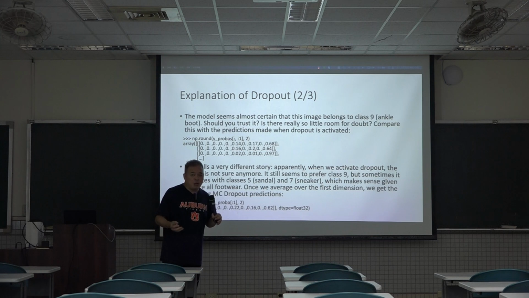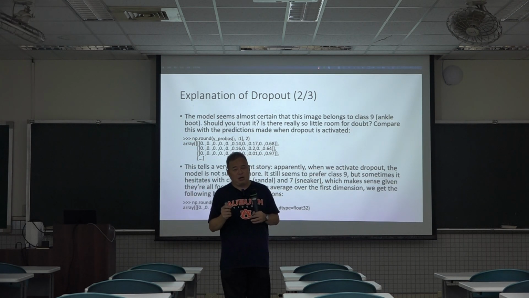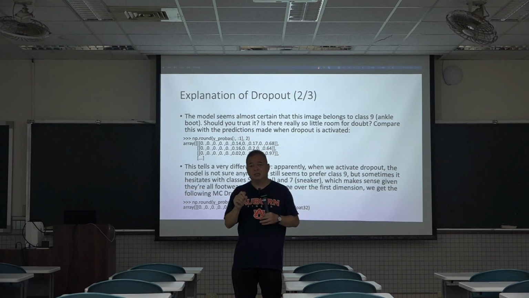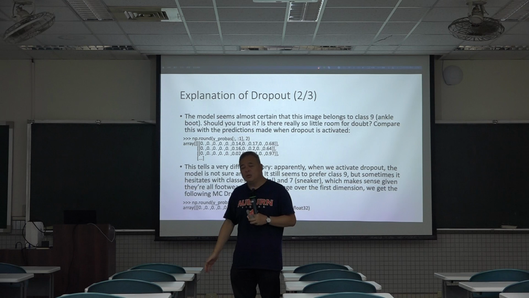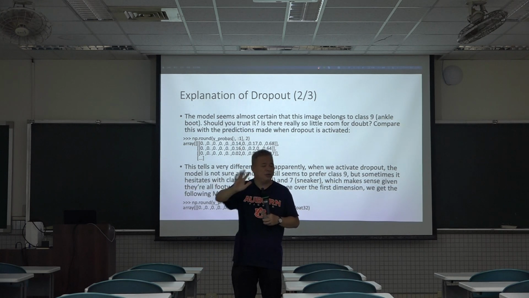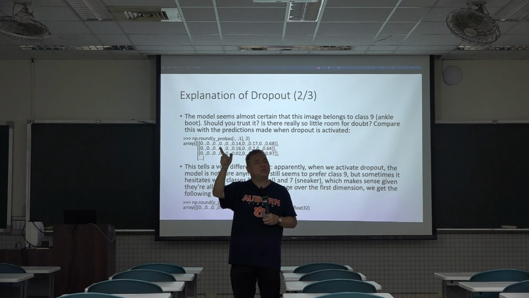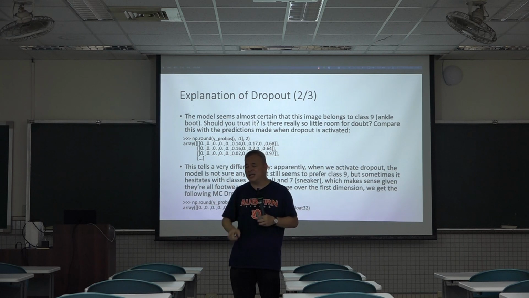MC dropout provides you more information about the uncertainty. Sometimes you want to know, we know the highest probability is this class, but if it's not the first one, what is the second most likely class? Or the third one, if that matters.